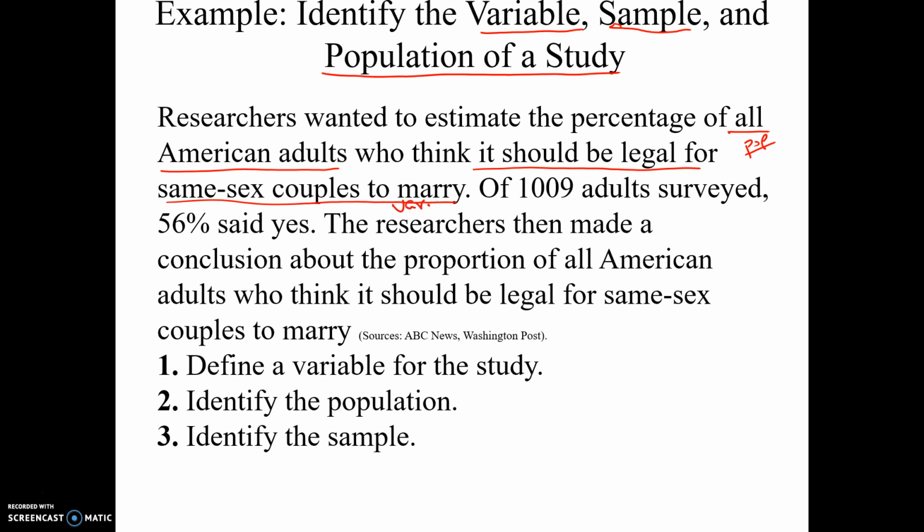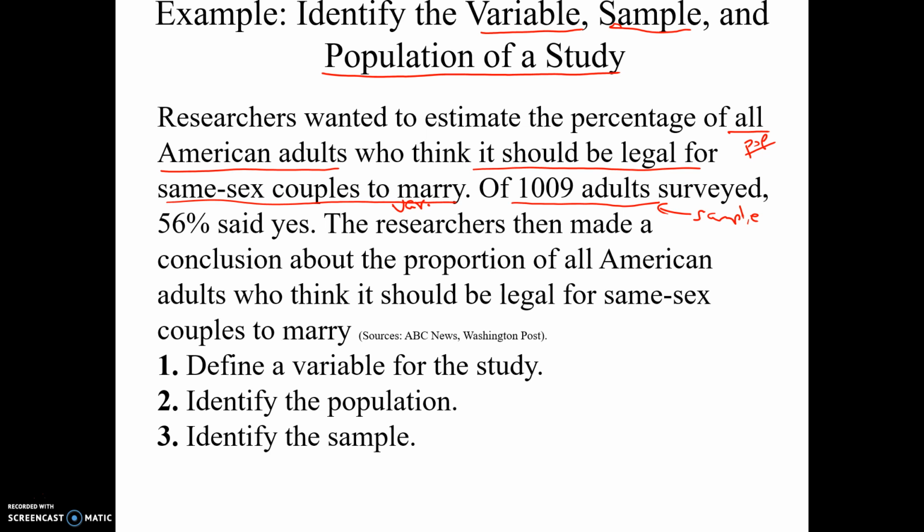We're studying what percentage of all adults think that it should be legal for same-sex couples to marry. This is going to be your variable. That's what we're studying. Of 1,009 adults surveyed, we can't survey all American adults. It's too many. So instead, we're going to survey a sample of 1,009 adults. 56% said yes. The researchers then made a conclusion about the proportion of all American adults who think it should be legal.